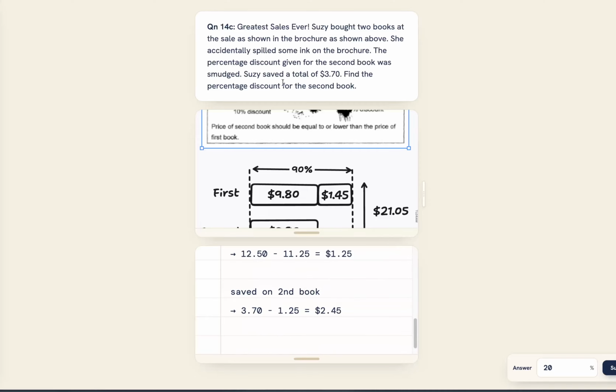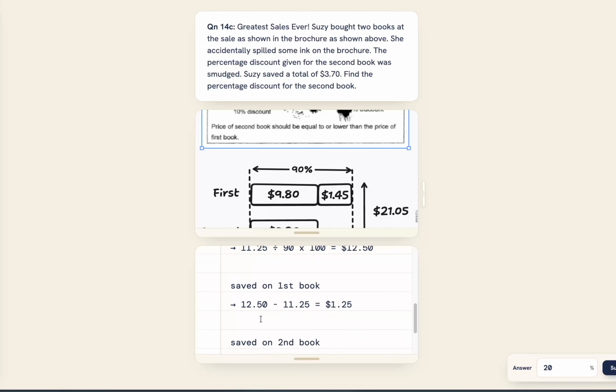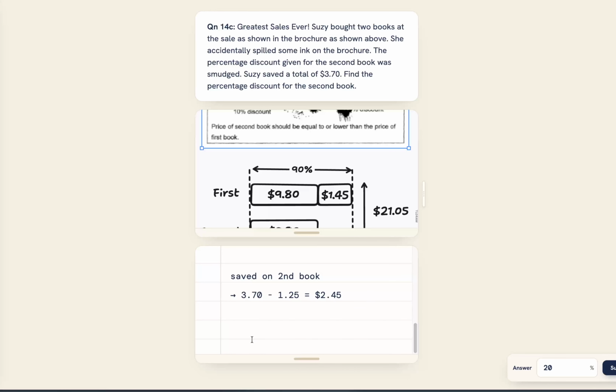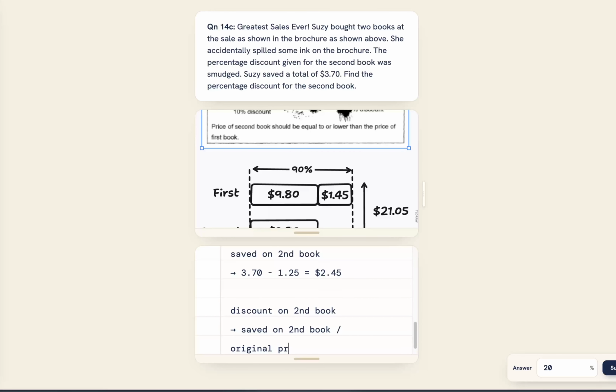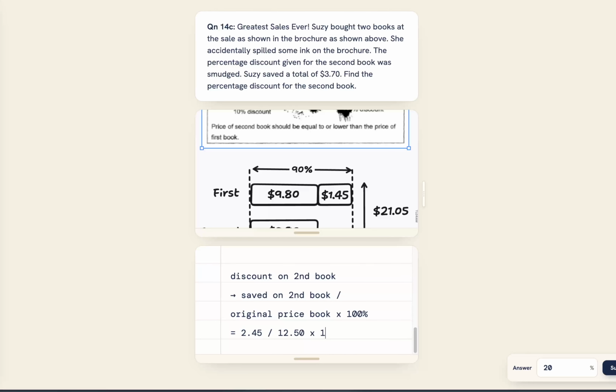So what's the percentage for the discount of the second book? So the discount on the second book is the saved amount out of the original price times 100%. So saved 2.45 out of the original price, times 100%.